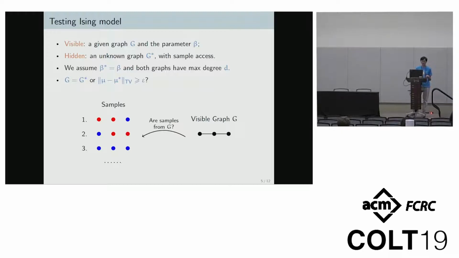The problem is: can we distinguish between the case that the two graphs are the same or the Gibbs distributions are epsilon far away? We assume that both the visible and the hidden model have the same parameter beta, and both graphs have maximum degree D. We make this assumption because we will show a hardness result for the testing problem, so we only need to consider the simplest case.